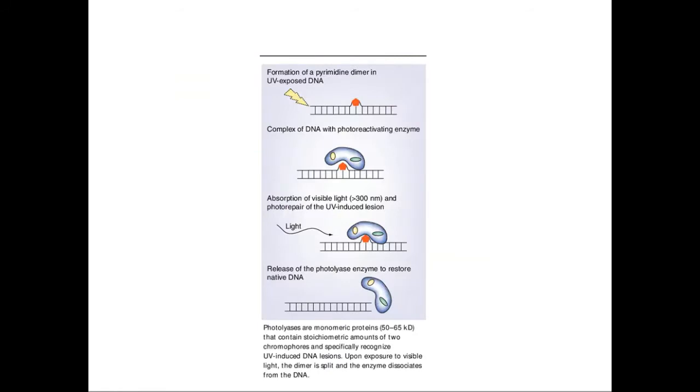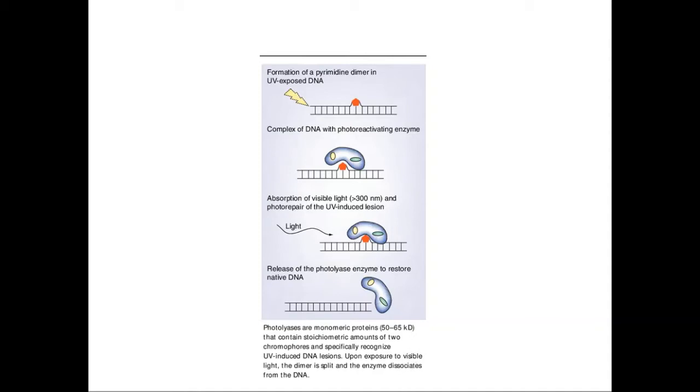And the organism overcomes this situation with the help of the photolysis system, as we had mentioned earlier. In the case of bacteria, they have got a photolysis system. That is, when UV light gets exposed, they get some thymine dimers, which on the action of visible light, these dimers get repaired by the photolysis enzymes.